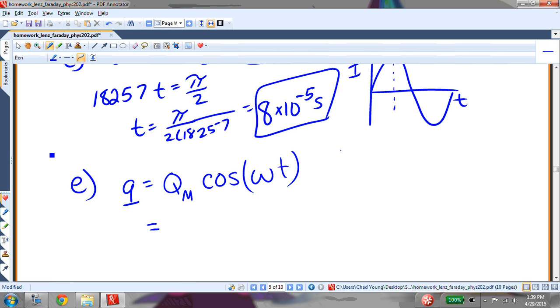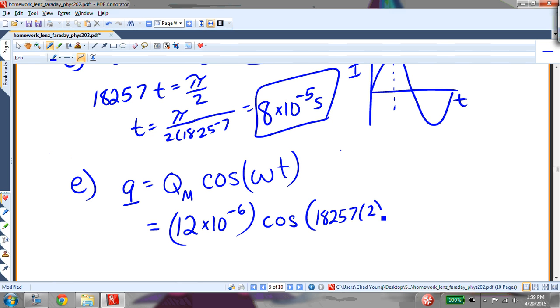So here I want to know what is the charge at 2 seconds. So I just say Q is equal to 12 times 10 to the minus 6 times cosine of my omega, which is that 18,257 times 2, and I get 8.9 times 10 to the minus 6 coulombs.